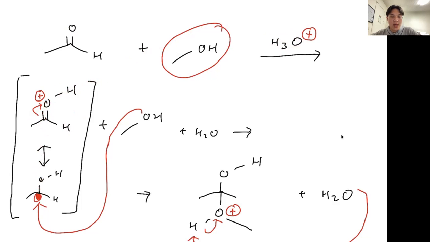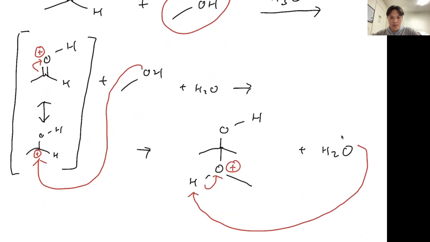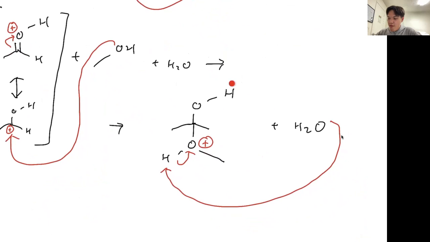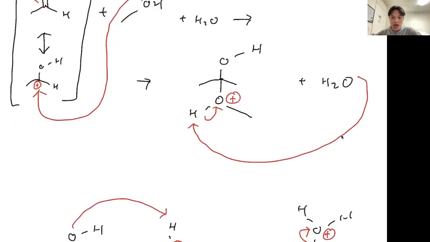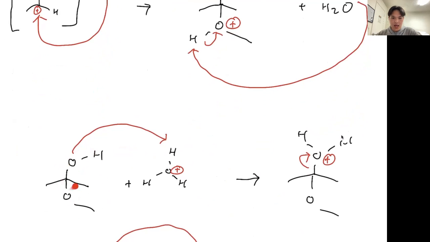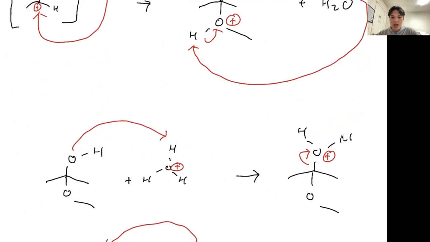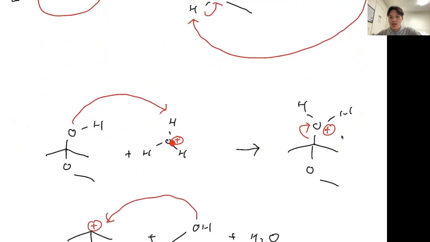And if we show that resonance, we can see that this carbon is positively charged. Because this carbon is positively charged, this methanol can then react to it and form this compound, right? And when we form this compound, we have a positive oxygen, and then we can take the water that we have, which is our solvent, and deprotonate it into this, right? So then we form something like this. But because this water took that hydrogen, it has now become an acid again, right?